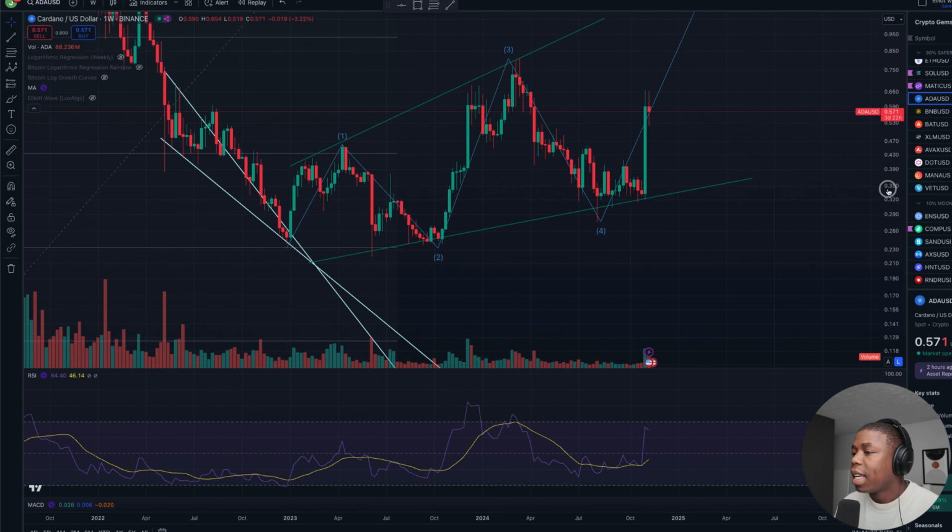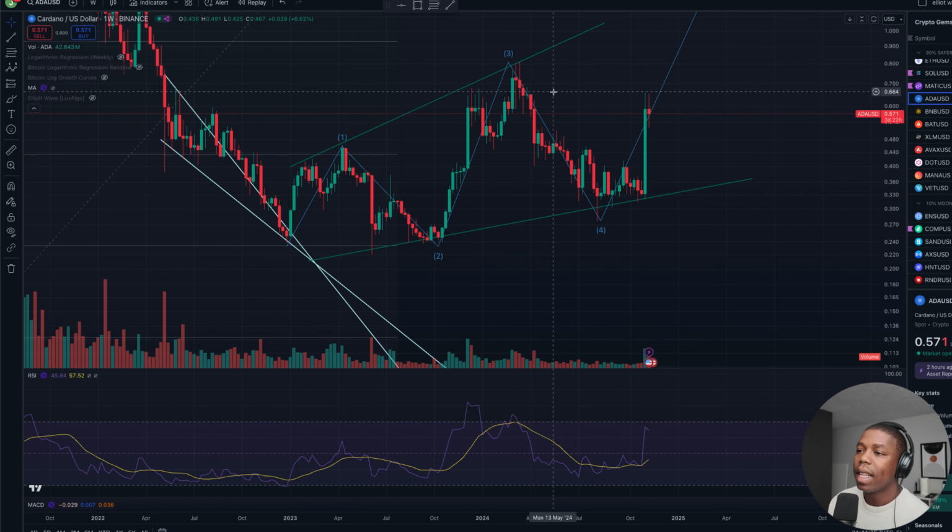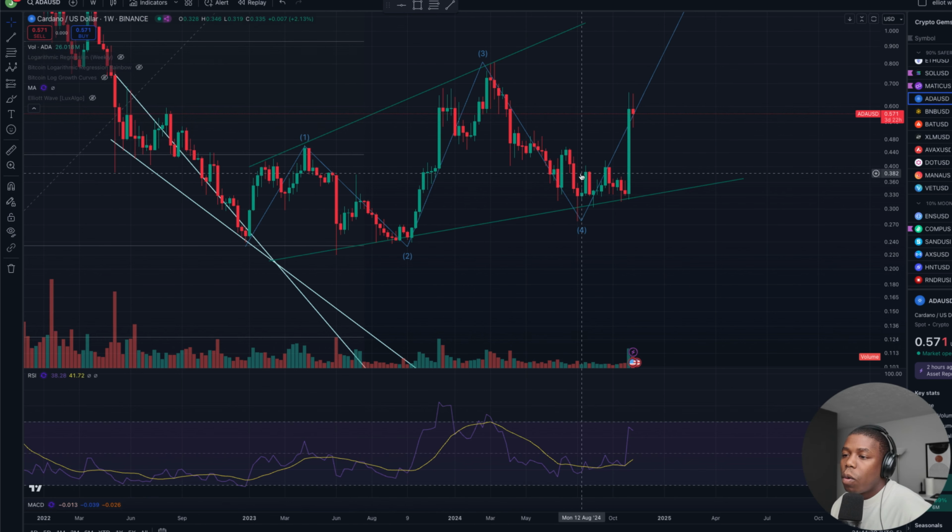That's actually something that can give us confirmation that this is a diagonal and not a regular impulse wave of Elliott wave theory. And typically, what you'll also see is wave 3 be larger than wave 1, and that's exactly what we have here. And so wave 4 came down.